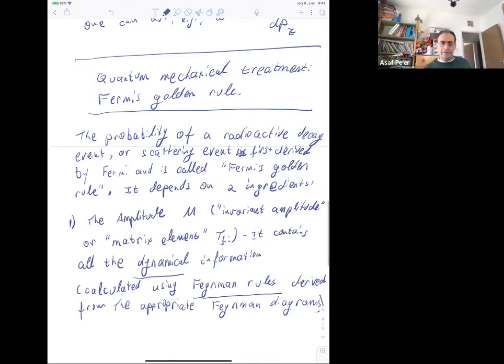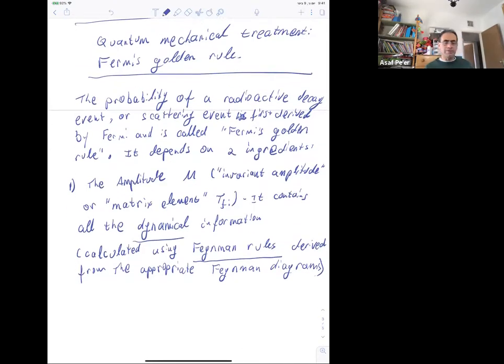The second part is the available phase space for the process. That's also known as the density of states. Basically, it tells you all the kinematics information. If a particle decays, then to what particles it can decay. Essentially, it tells you the probability of decaying into each of the possible final outcomes.